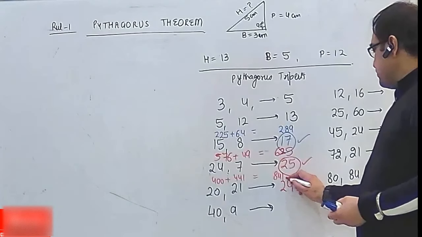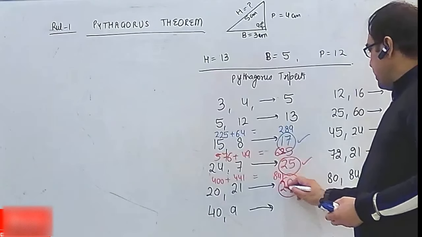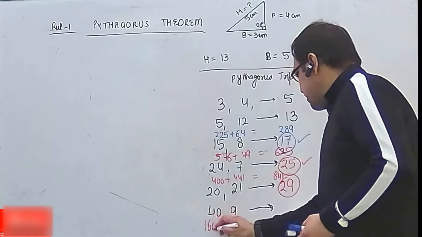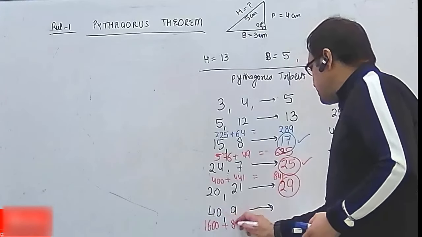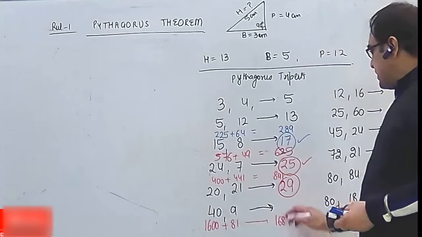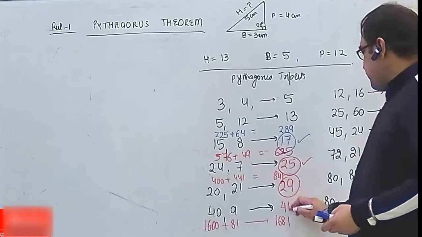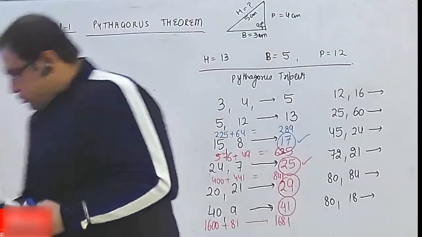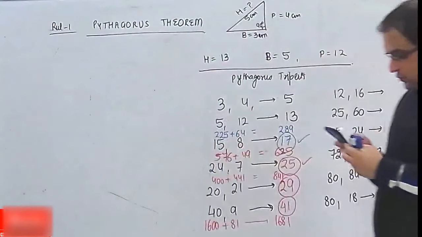That is 29. So we get 29 as the right answer. So 20 and 21 will become 29. 40 square is 1600 and 9 square is 81. So that becomes 1681. And this basically is the square of 41. So the right answer, very good Jyoti, you are correct. 41 is the right answer. Very good.